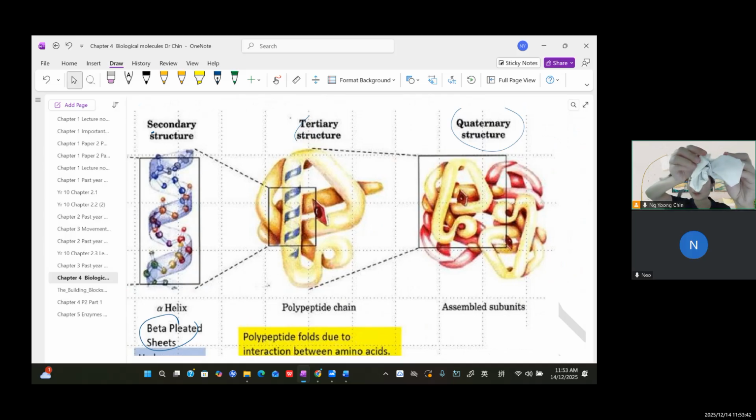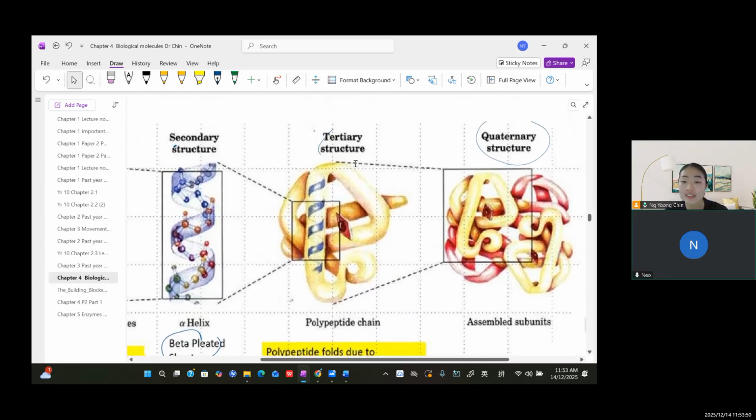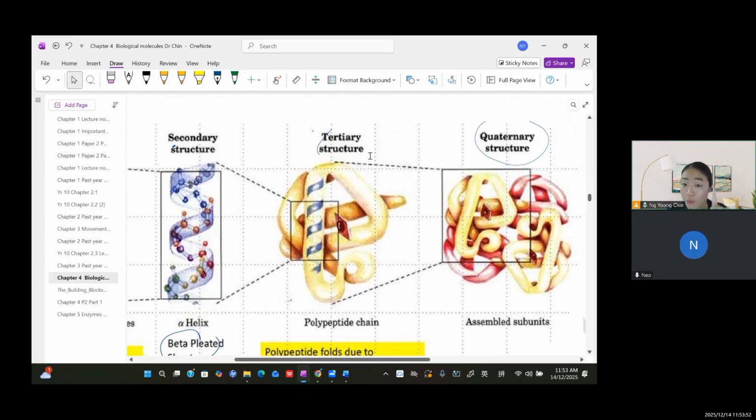Do you understand the process? Okay. So tertiary structure consists of 1 polypeptide chain, or more than 1 polypeptide chain. Which one? What do you think?